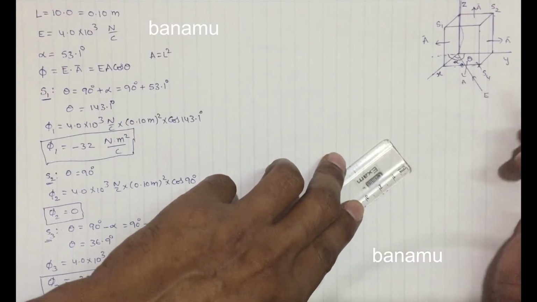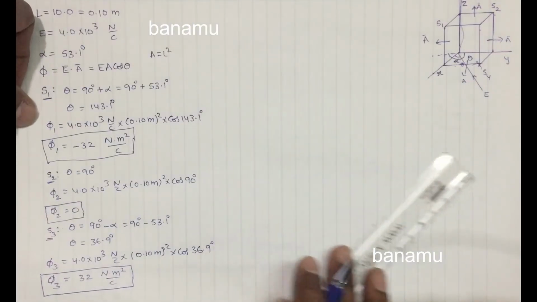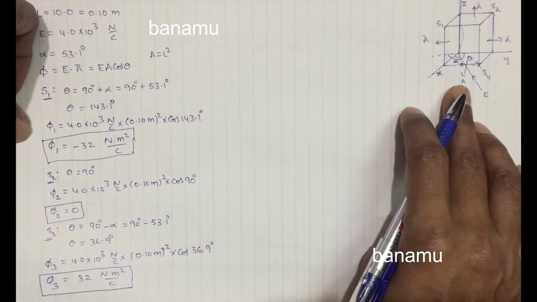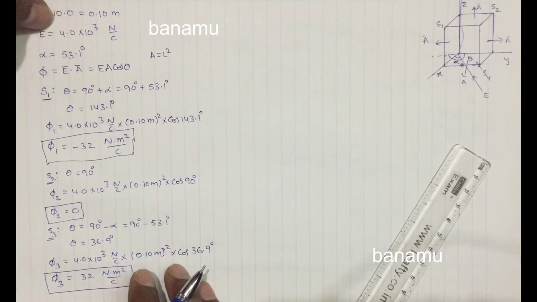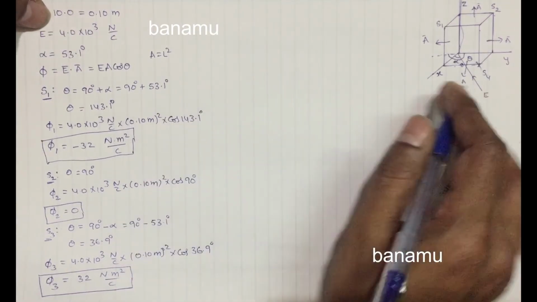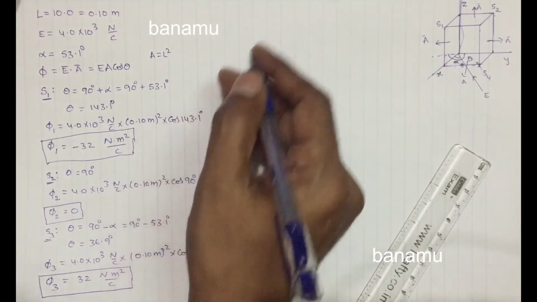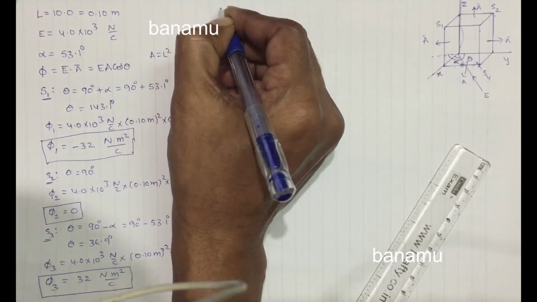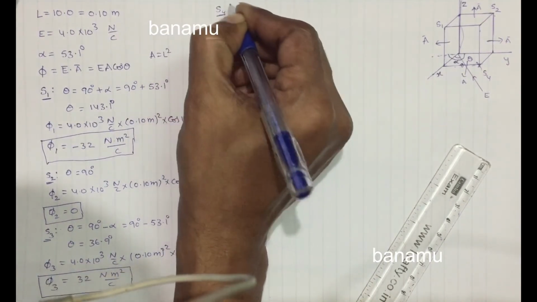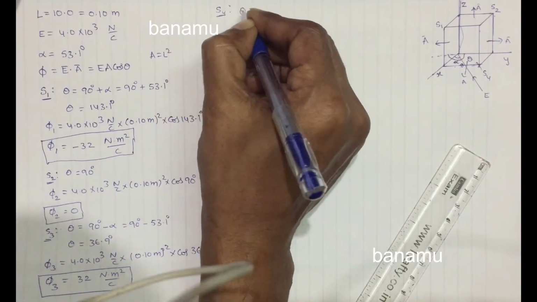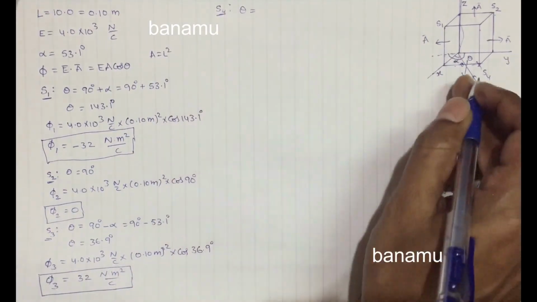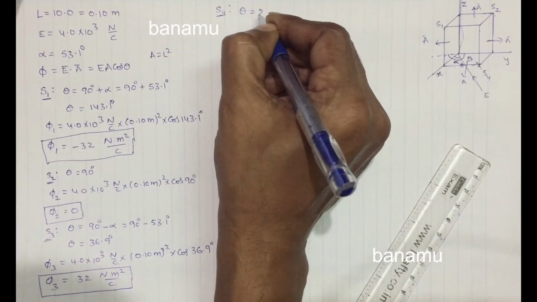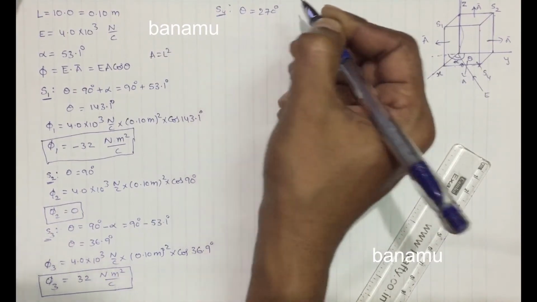So the angle between the electric field and the area unit normal vector is 90 degrees or 270 degrees. Consider the surface S4, where theta is equal to 270 degrees.